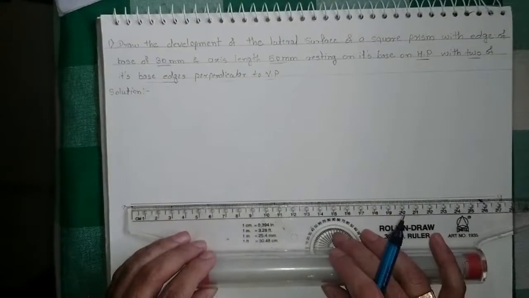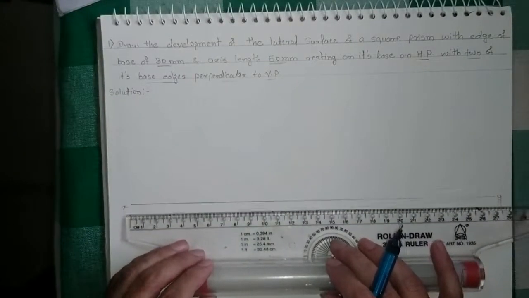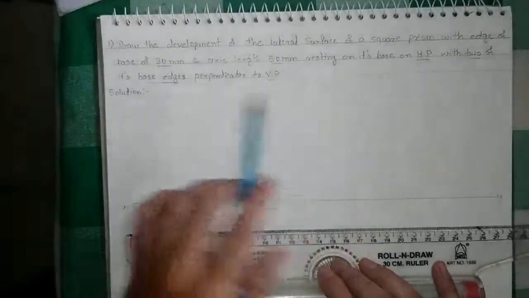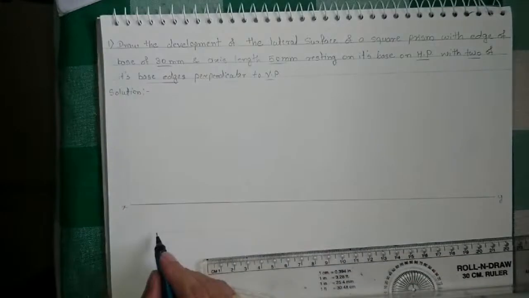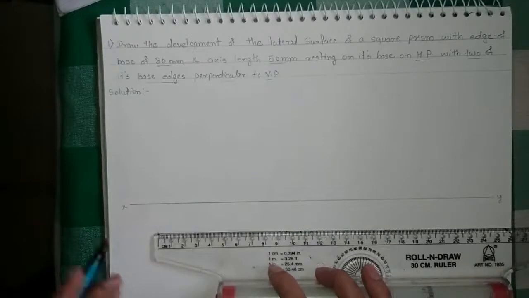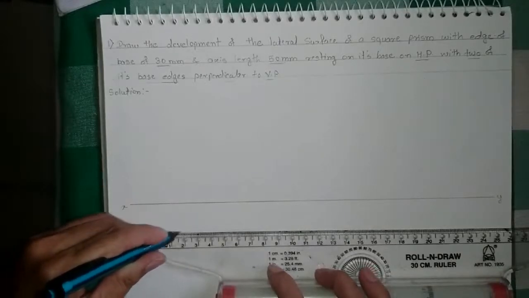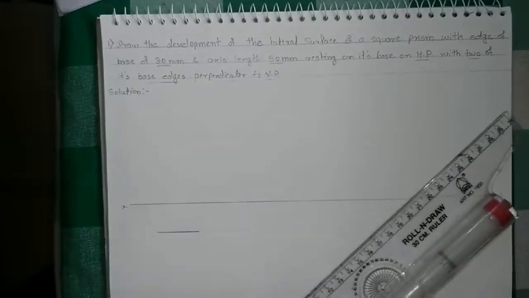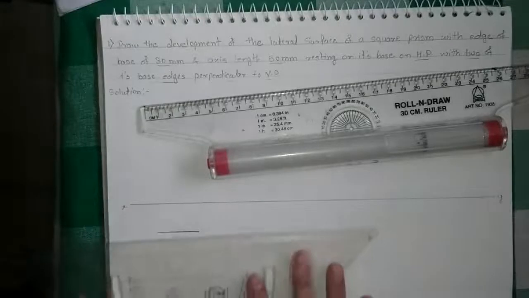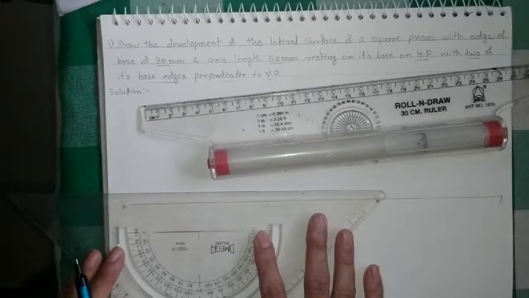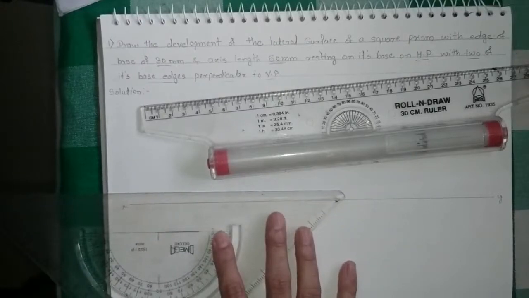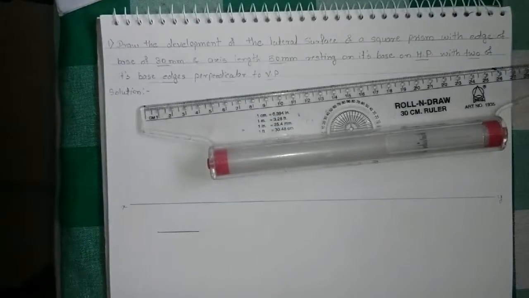First from the XY line we draw one horizontal line. The edge of the base is 30 mm. We consider one point and from that point measure a distance of 30 mm. After that we draw a vertical line using the protractor, an exact vertical line.